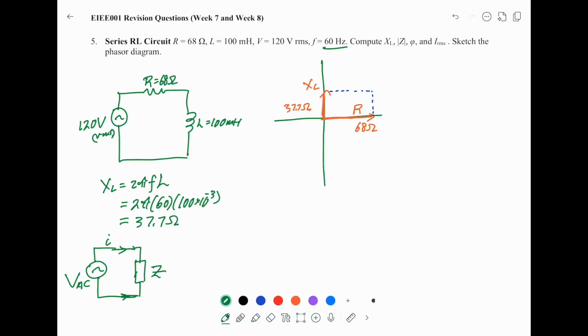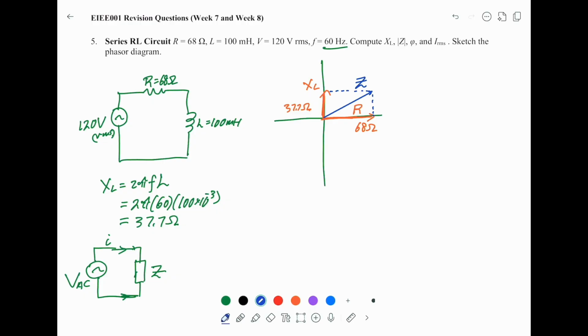The current is the same, but this time again, let's find the magnitude of VAC. Z first is the impedance.